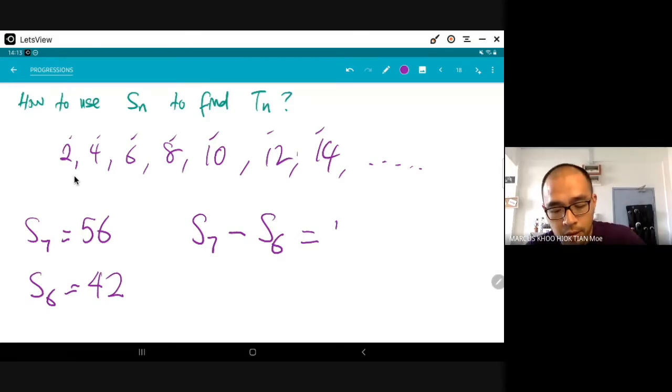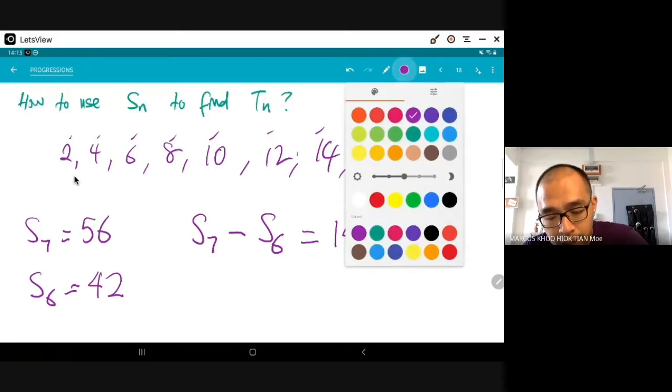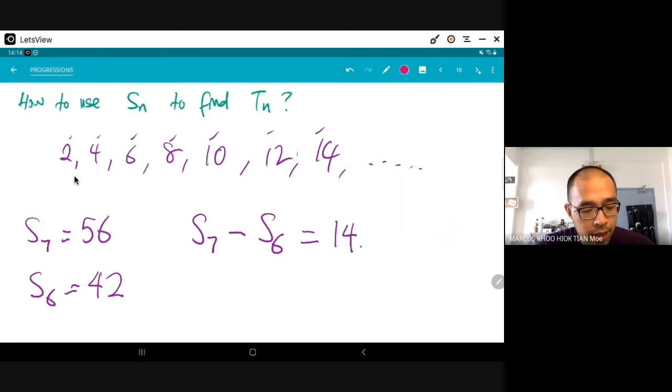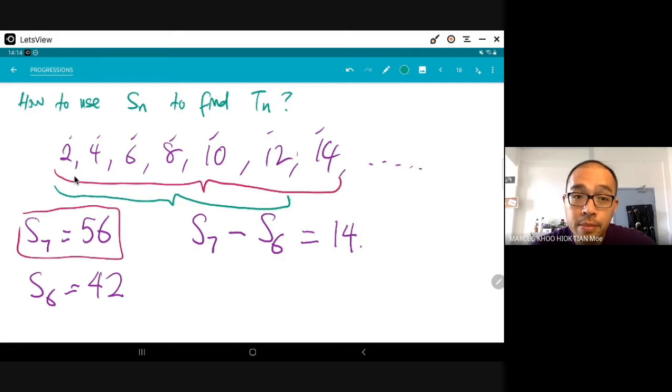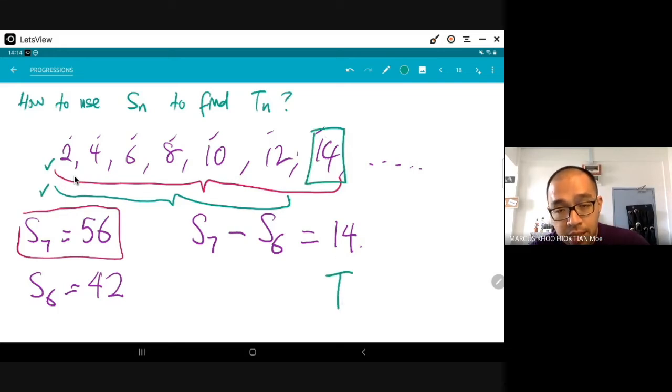Okay. Now, I want you to take a look at these three numbers. S7 is 1 sampai 7. S6 is 1 sampai 6. Bila kita tolak S7 dengan S6, kita akan mendapat T7.